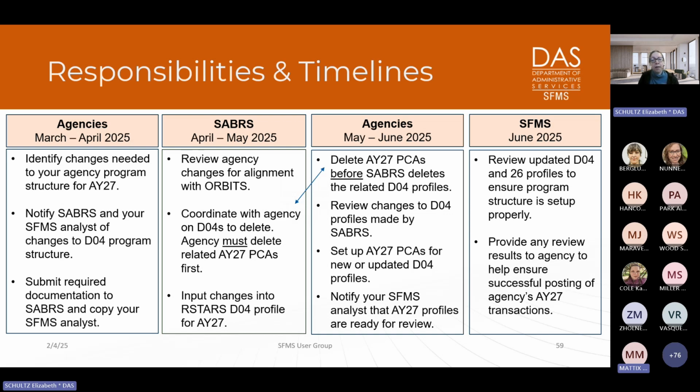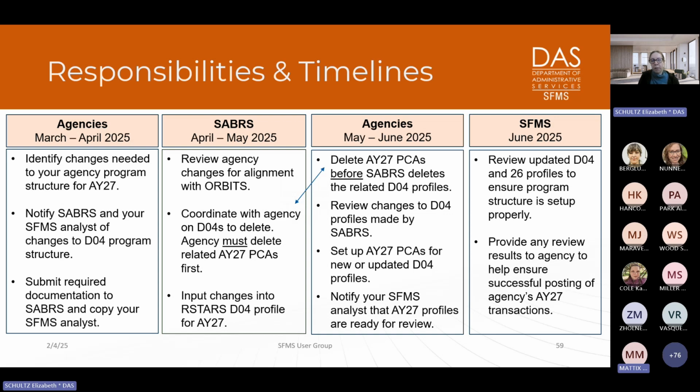You may decide at the agency you want to make changes for the new AY to how it's been set up in the past. The other way you could have changes is legislation. Maybe you have a new program that's coming in, or restructuring something in a bill that you need to modify your accounting structure for. So March and April, trying to take a look, see if you're planning on having any changes, or if you know of any upcoming bills that would cause changes.